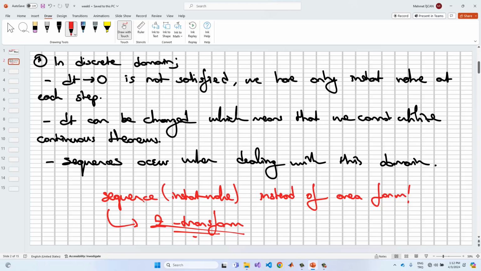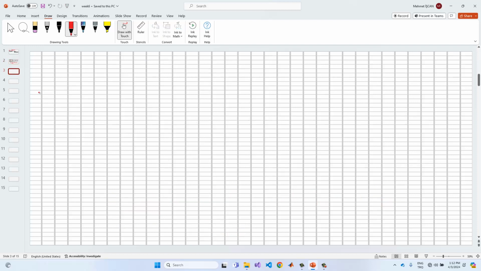Okay, and so this Z transform is applied on sequence values or the discrete time values. Okay, but in order to understand that, we need to compare this Laplace and Z transform.